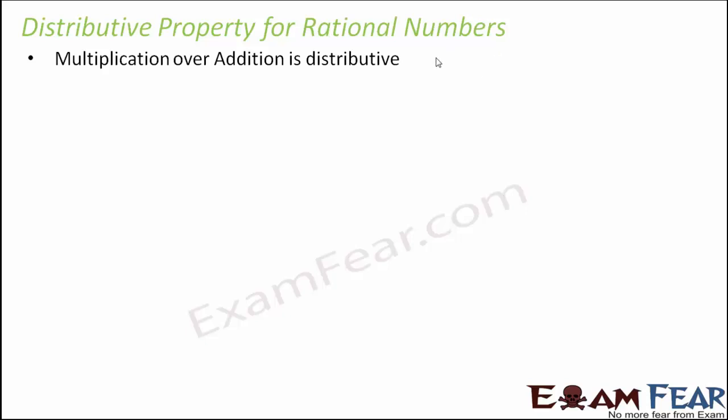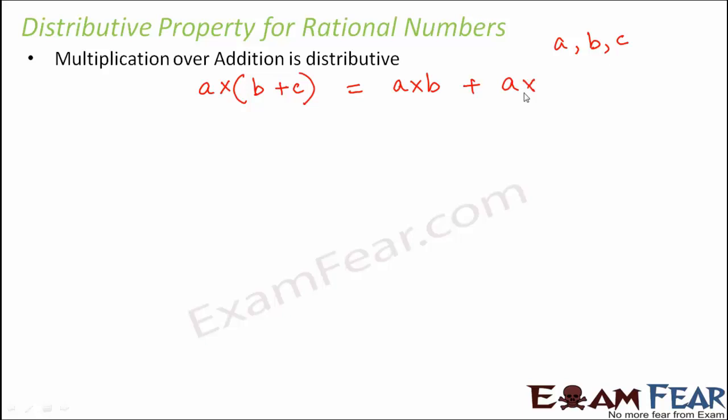This means that if we have three rational numbers A, B and C, then A multiplied by (B plus C) can be written as A multiplied by B plus A multiplied by C. This is called the distributive property of multiplication over addition, because over addition you are multiplying. That's why it is multiplication over addition, and this relation will hold true for all rational numbers.